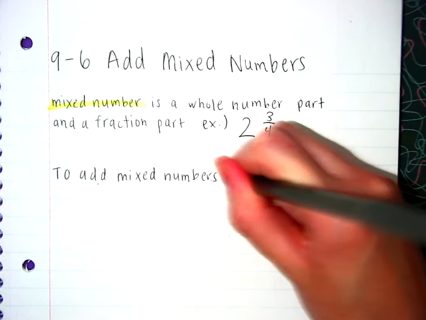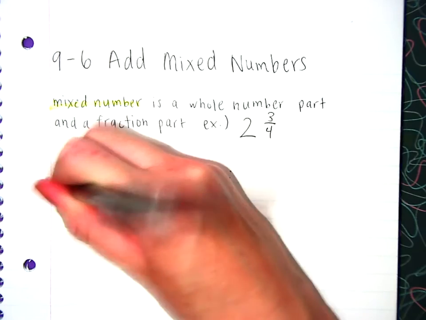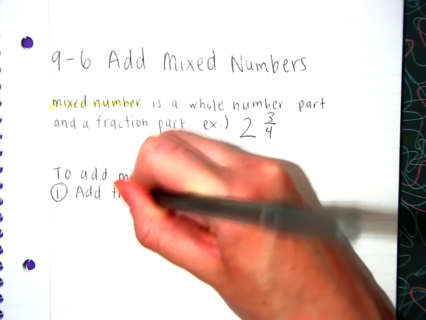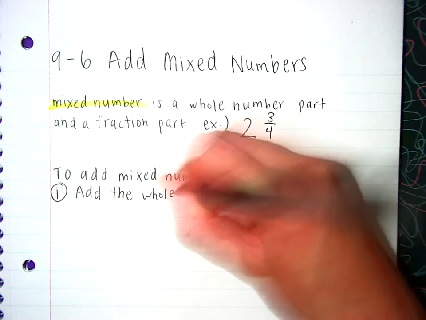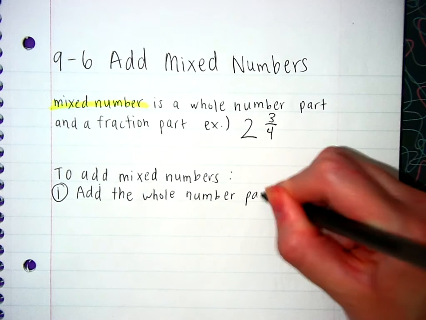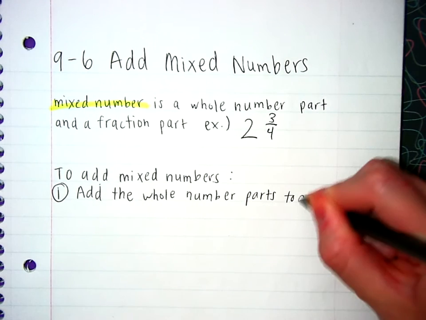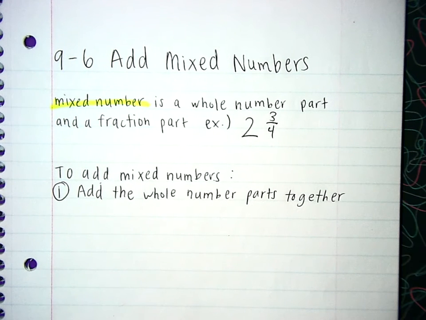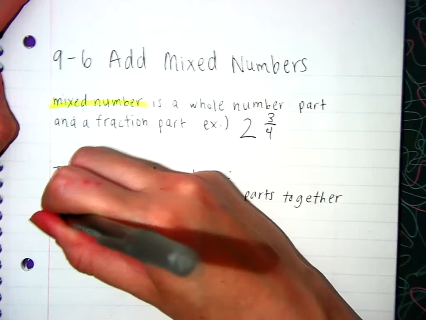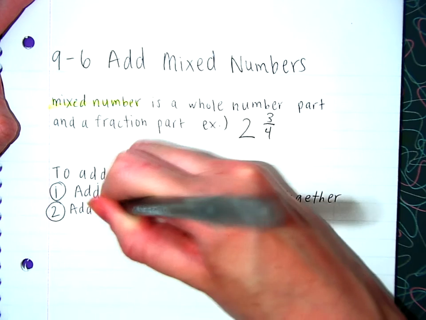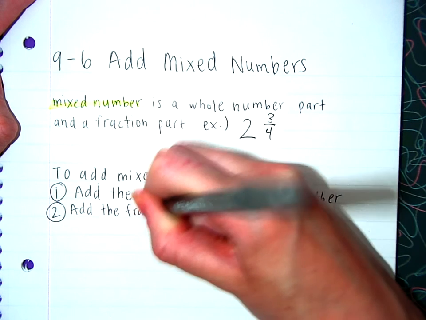So to add mixed numbers, your first step is to add the whole number parts together. Second step, add the fraction parts together.